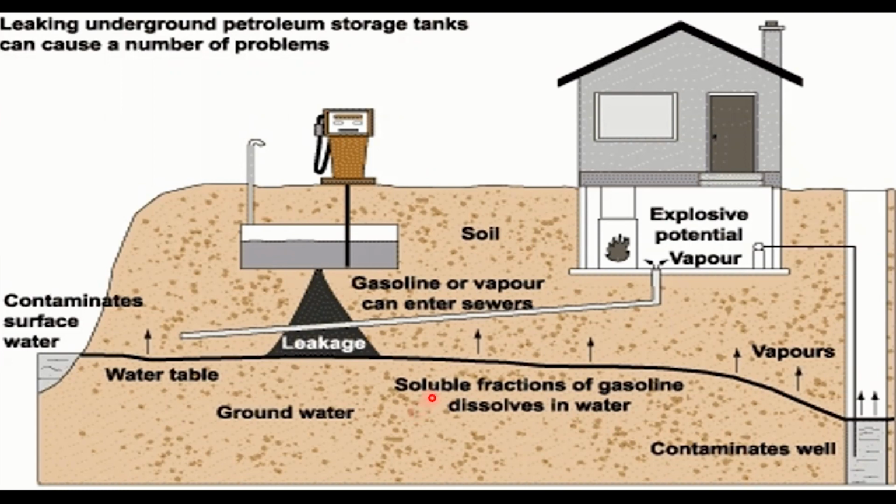So they call them fractions. Some of them dissolve in the groundwater and are carried around with the groundwater, moving like my laser pointer here, eventually getting into the well and contaminating the well here on the right side.